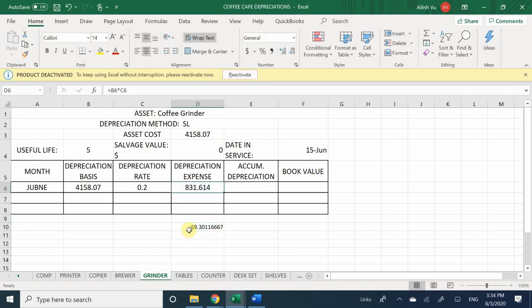Good. $69.30 is correct. Now we're going to round it to the nearest penny. $69.30 is going to be our number here. Perfect.